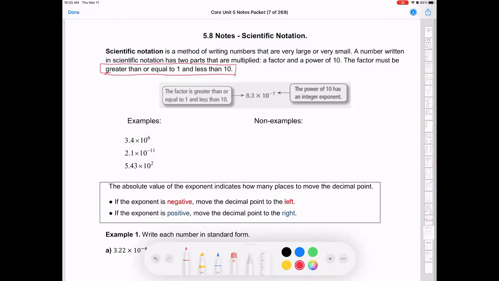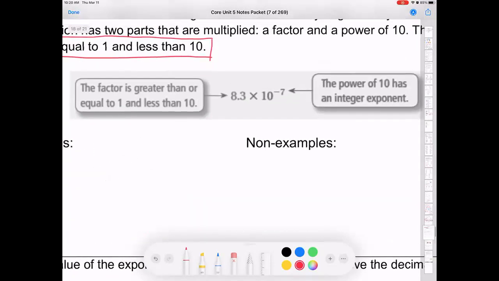Some examples of what scientific notation looks like. So the factor, notice this number right here is greater than or equal to 1, but less than 10, right? If you had to put that number in between 1 and 10, you would see 8.3 is in between 1, but it's less than 10 for sure, right?